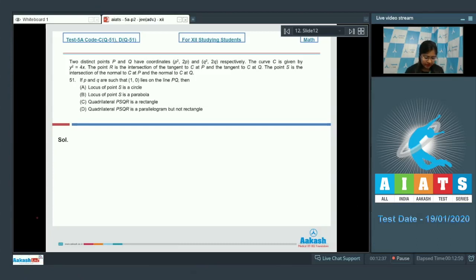Okay, so now we know that the point of intersection of tangents, the formula is a t1 t2 comma a into t1 plus t2. Now here t1 is p and t2 is q. Also a is equal to 1 for y square equal to 4x. So point R is pq comma p plus q.